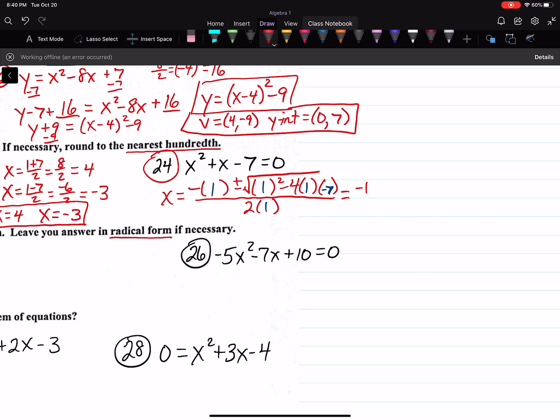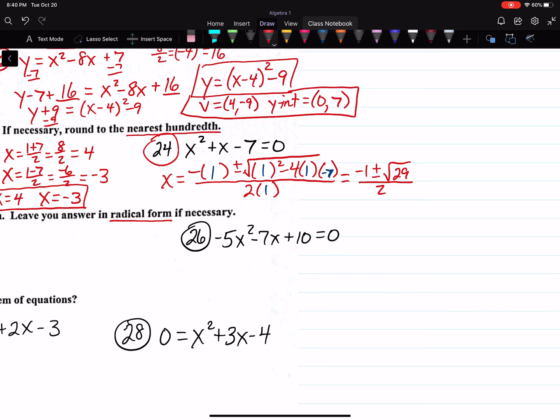That'll be negative 1 plus or minus the square root of something over 2. And the something is square root of 29. 1 squared minus 4 times 1 times negative 7 is 29. Okay, that is again called the discriminant.